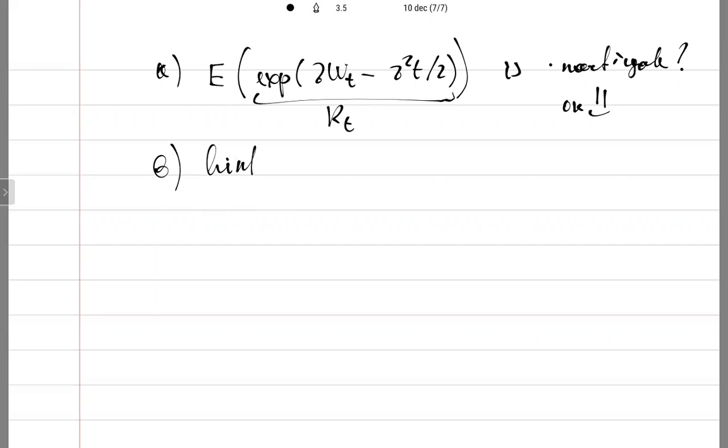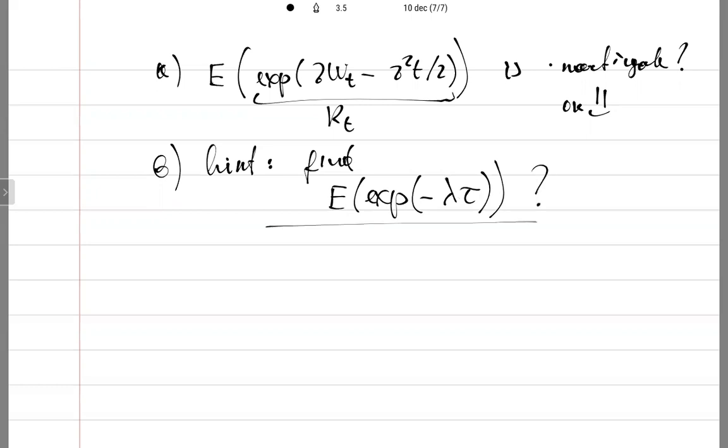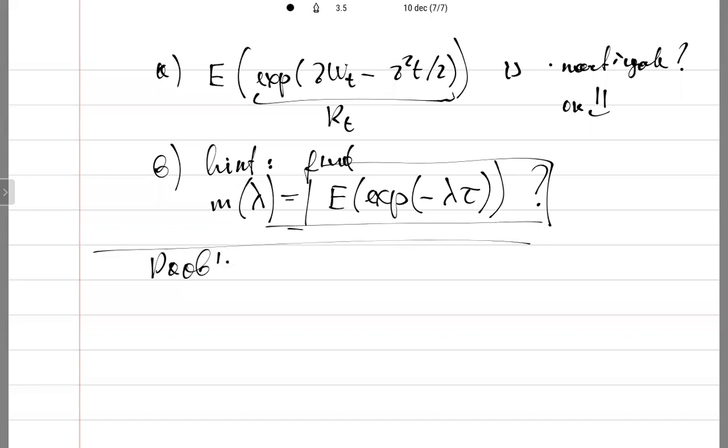Hint B is just to find what we need to find: the expected value of e to the minus lambda tau. That's a very good function. I will show you in a moment why it's useful. Let's call this function m of lambda, and let's do so by Doob's theorem.